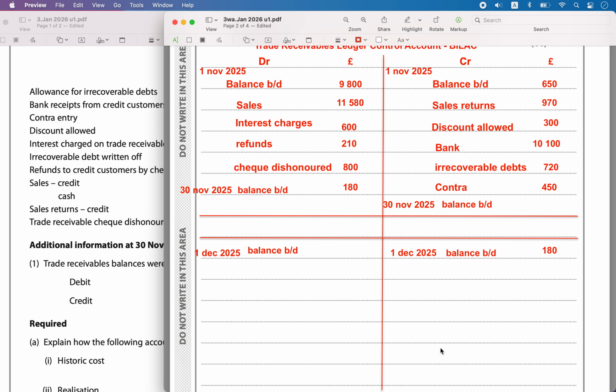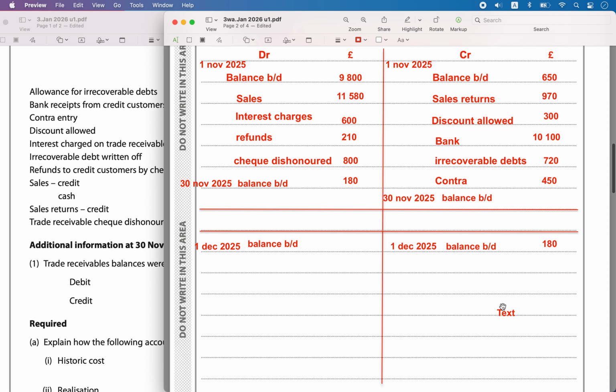Now let's add up on both sides. On the debit side, 9,800 plus 11,580 plus 600 plus 210 plus 800 plus 180 is equal to 23,170.